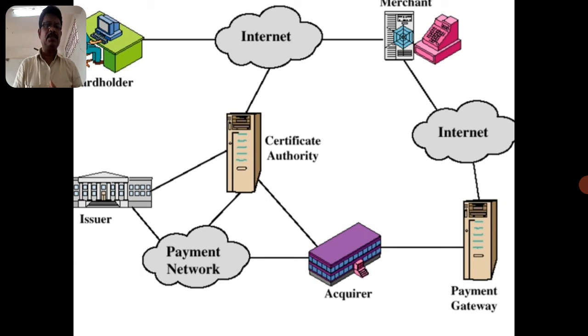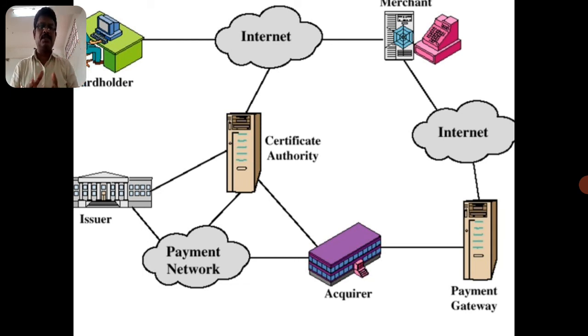Now you can observe that the payment gateway and the certificate authority are both attached to the internet process, because the transaction should be taken with the help of this particular internet service, internet provision for taking the communication between the merchant and the card holder. So the card holder may not be communicated to the issuer.